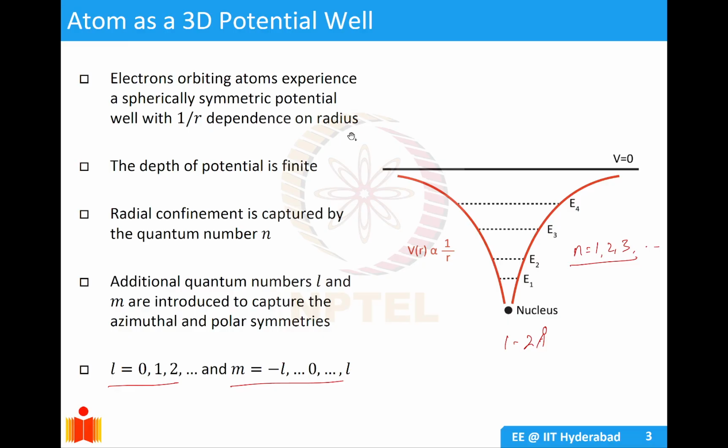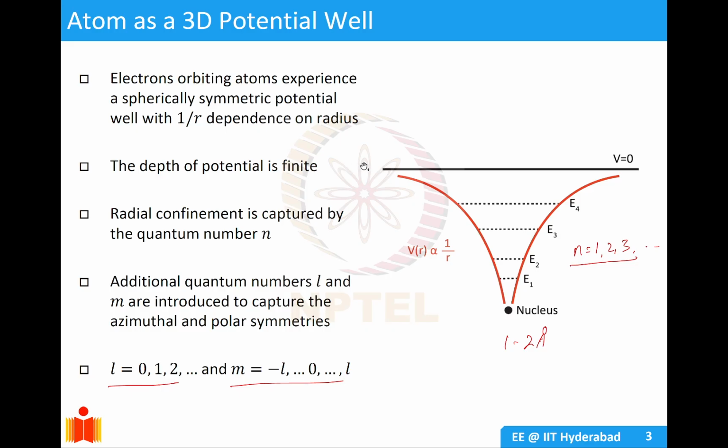Now we come to the 3D potential well. An atom, we can consider, is a 3D potential well, and the electrons are experiencing a spherically symmetric potential well, where the dependence is 1 by r.